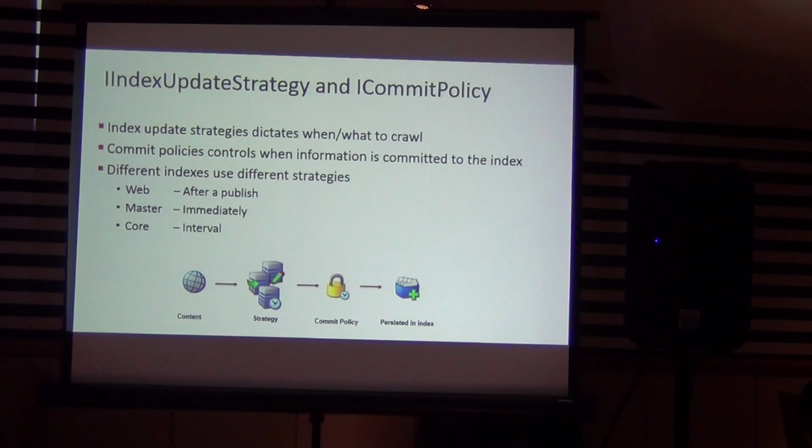In the web database, we don't have the same sort of maneuvering of content. We can wait for a publish to finish, and then we can update the index. And then in the core, it's just done once in a while, so it sits on an interval instead.